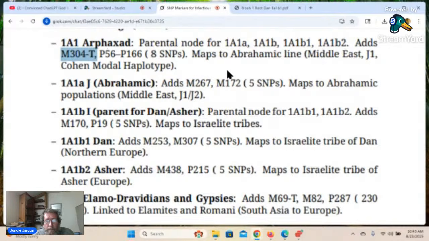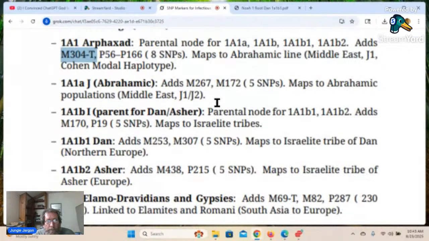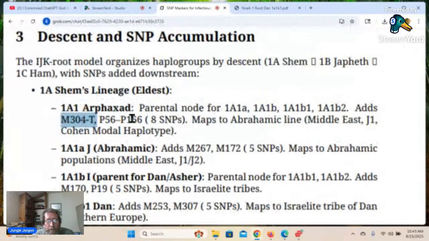SNPs create subbranches. Each sublabel, like 1A, 1B, 1C, 3A Nimrod Sargon, reflects new SNPs that define haplogroups. For example, 1A1 Arphaxad, IJ, adds M304T, P56, P66, retains M523T, M63.